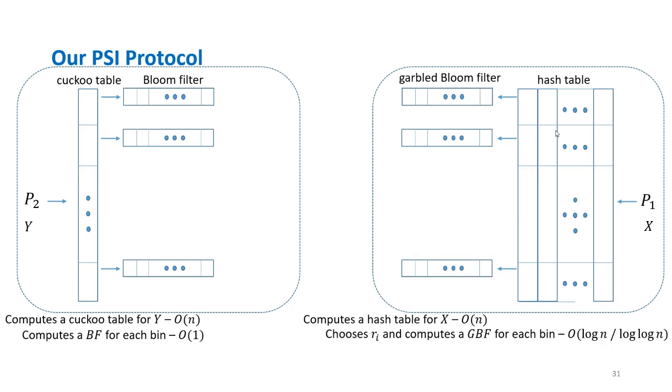Assume that for each bin, P2 computes a Bloom filter and P1 chooses an associated value R and computes a garbled Bloom filter. Note that the size of the filters for each bin will be O(log n / log log n), since the size of the bins in the hash table is O(log n / log log n).